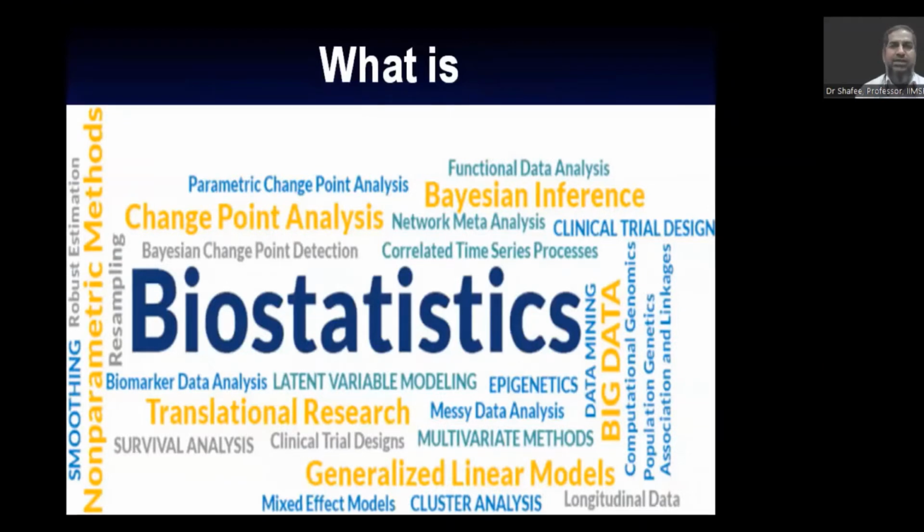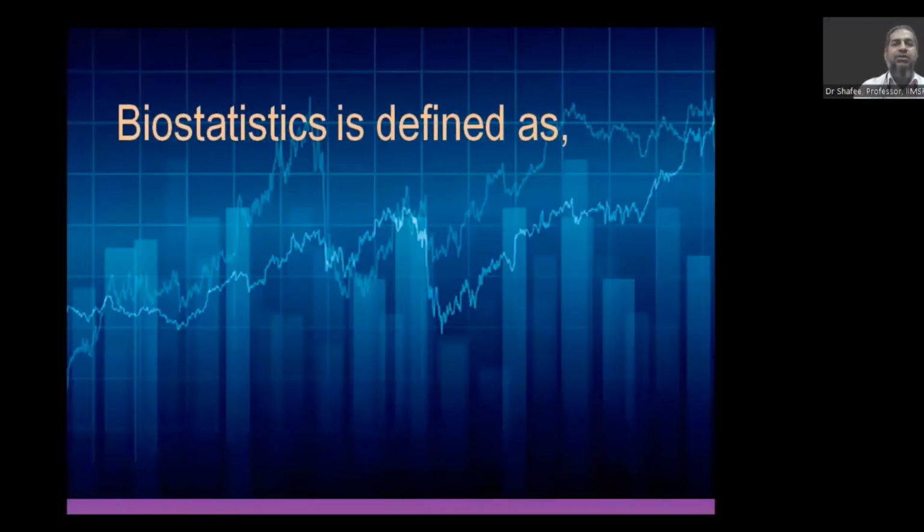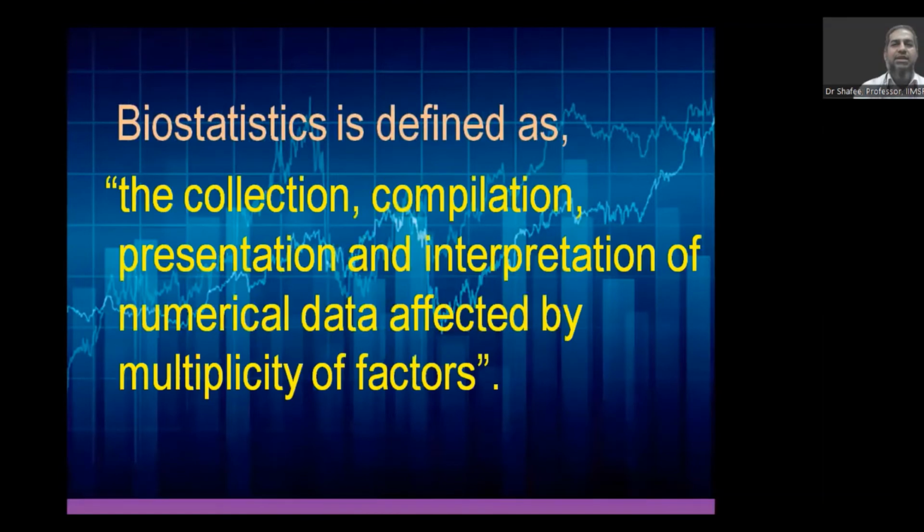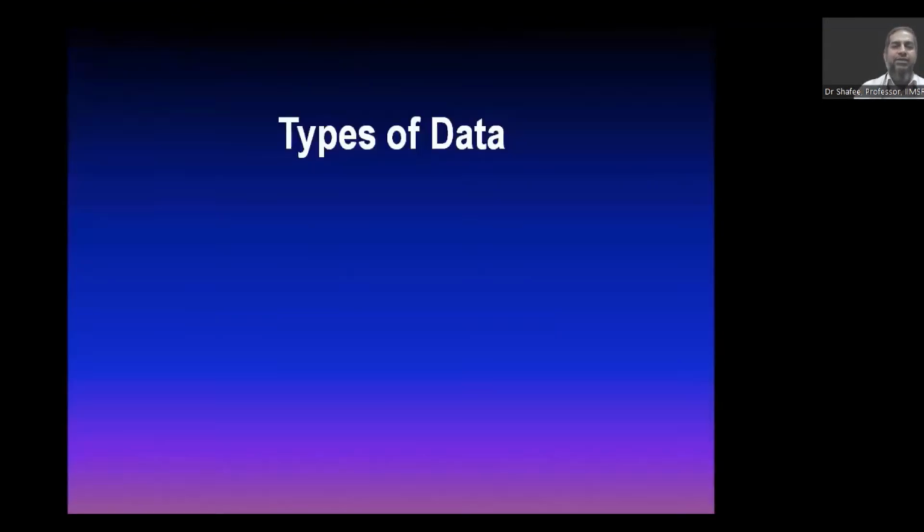So bio means it is related with the life or life sciences, and statistics means the collection of data in the numerical form. So how we will define the biostatistics? So biostatistics is defined as the collection, compilation, presentation, and interpretation of numerical data affected by multiplicity of factors.